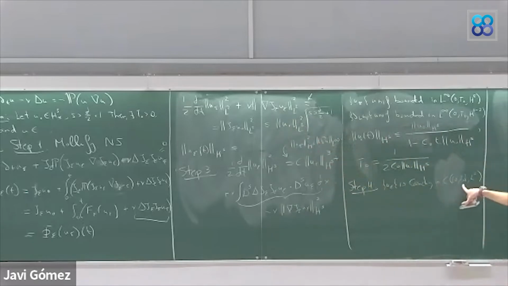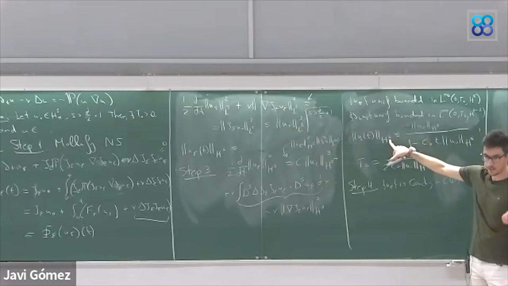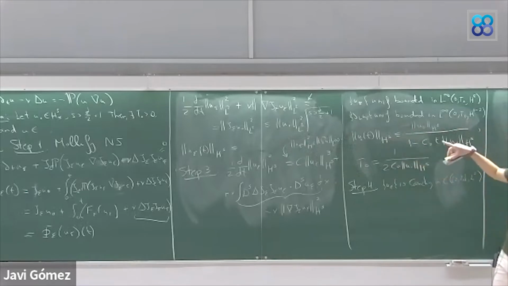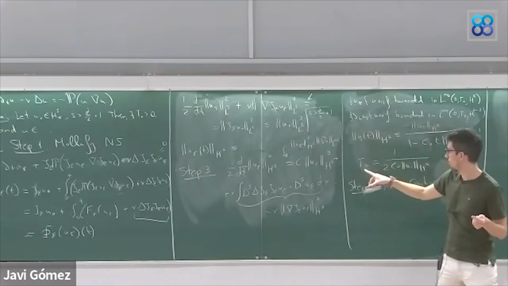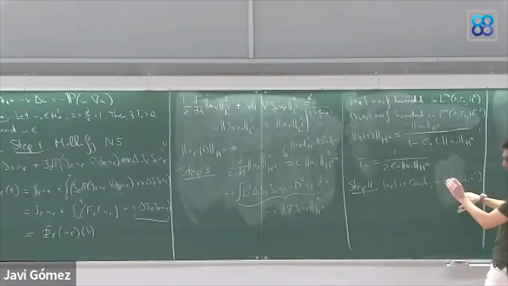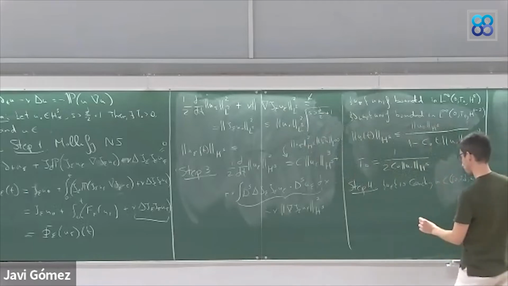But to close that balance using Gronwall, we needed quite enough regularity. So we needed in particular to use the HS, which is at least H2, because S is bigger than dimension over 2 plus 1. So in this process, we were using that we had enough regularity.